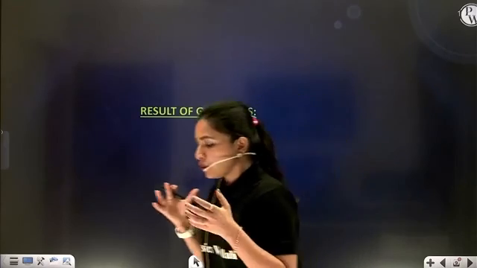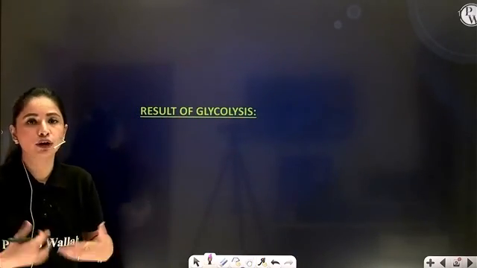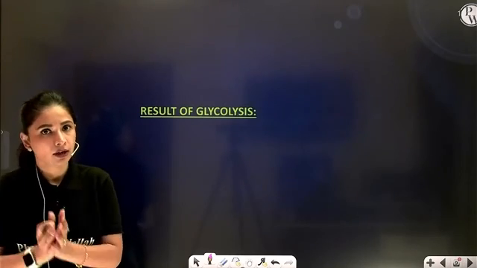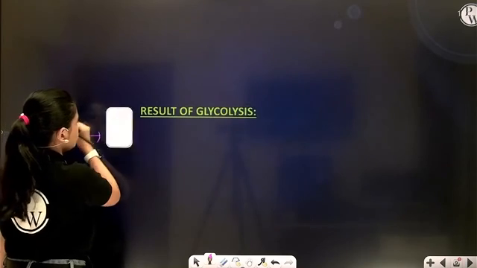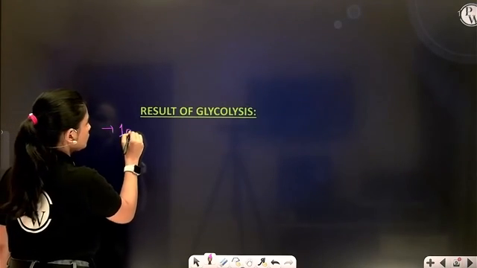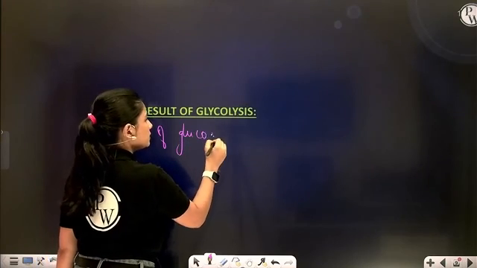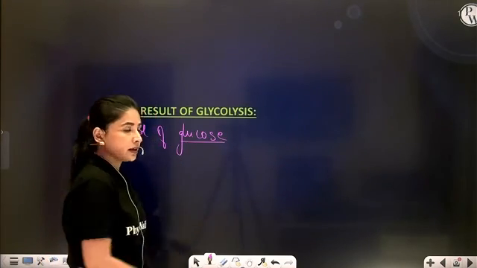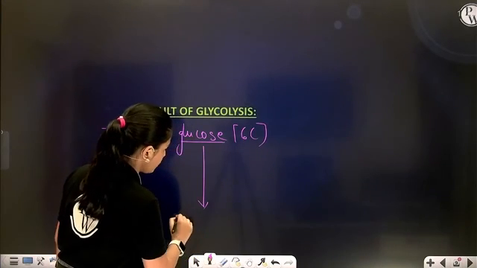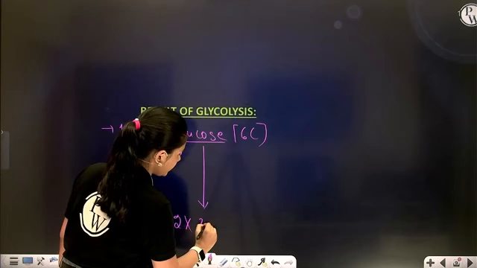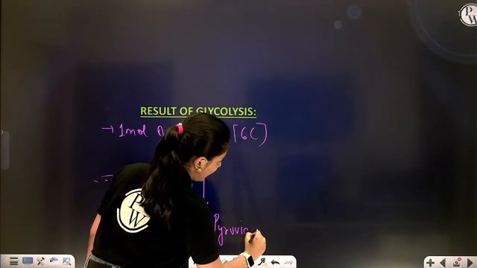Now, the end result of glycolysis. What you gave and what you obtained. We provided 1 molecule of glucose in the cytoplasm of the cell, and this 6 carbon compound was finally broken down into 2 molecules of the 3 carbon compound pyruvic acid.